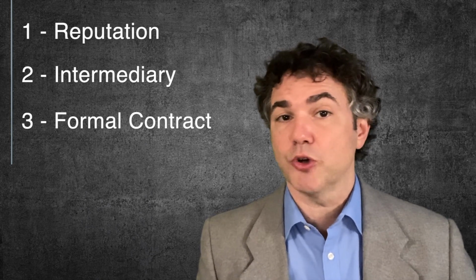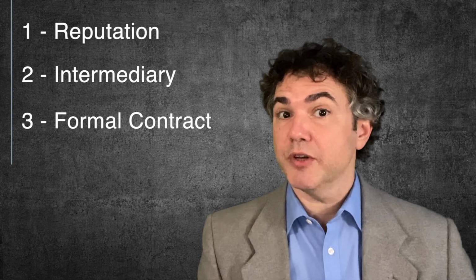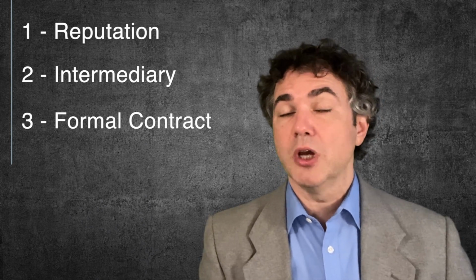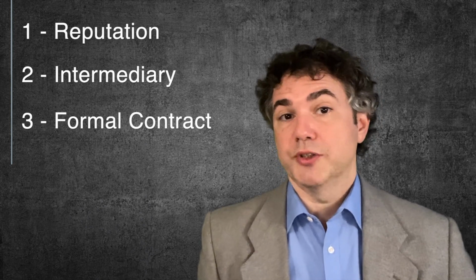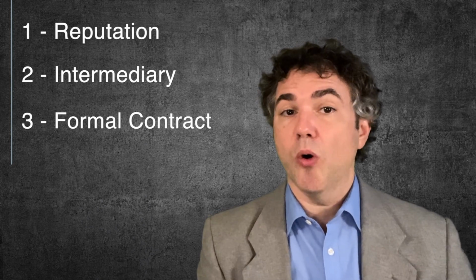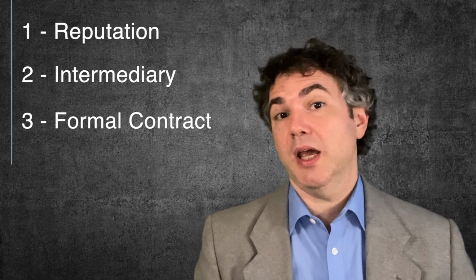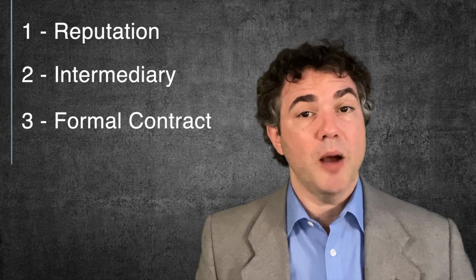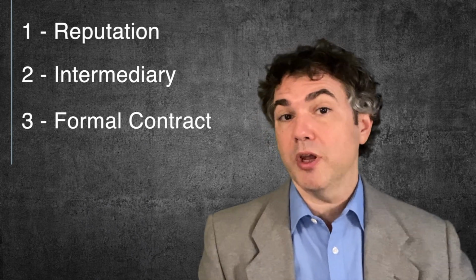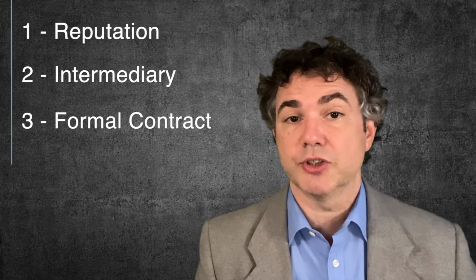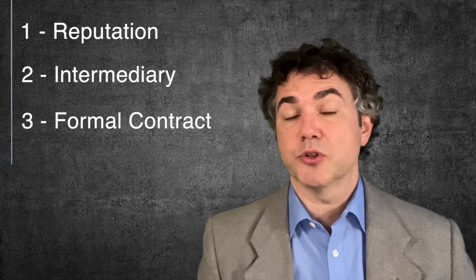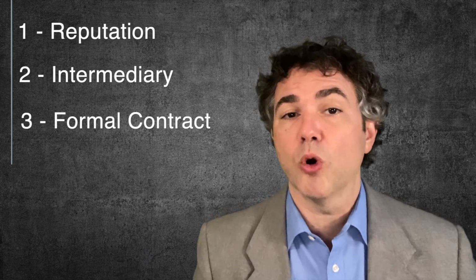Formal written contracts aren't perfect either. They can get kind of expensive to enforce. So, for example, if Brian feels this isn't what he ordered, he may want to take Sarah to court. That may not be so easy. It may not be worth it for only a $1,000 transaction. Who knows? Maybe Sarah's on the other side of the country, maybe on the other side of the world from Brian. So that doesn't work either.